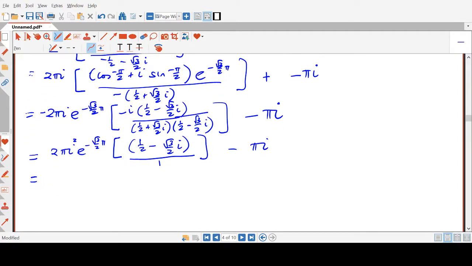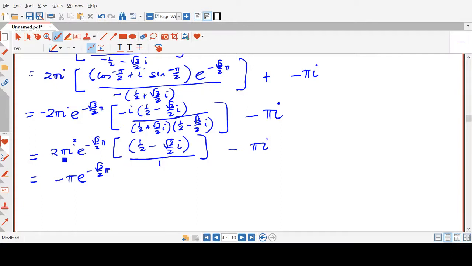In case you're getting worried this is becoming ridiculous. Multiply this by half. 2 pi times minus 2 times half is minus 1. So it's minus pi e to the minus root 3 over 2 pi. Minus the minus, well, this is minus 1. i squared is minus 1.